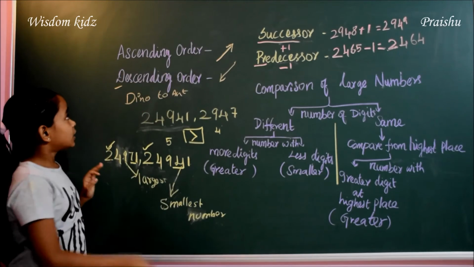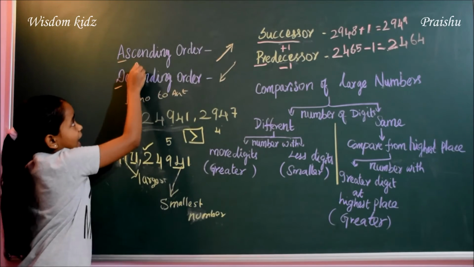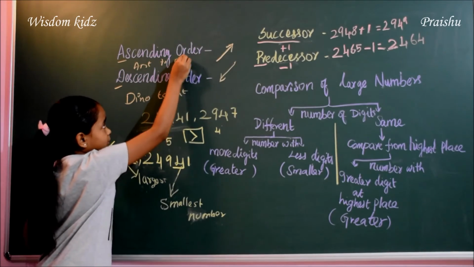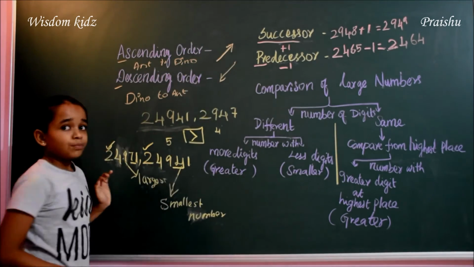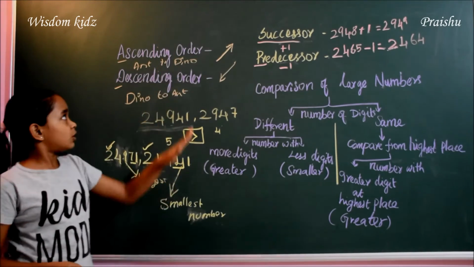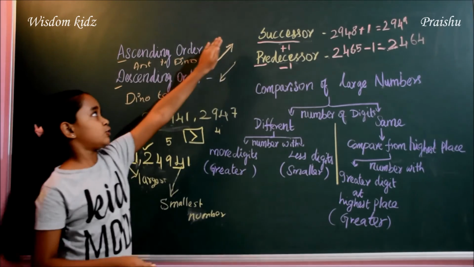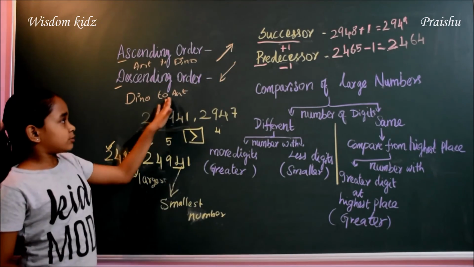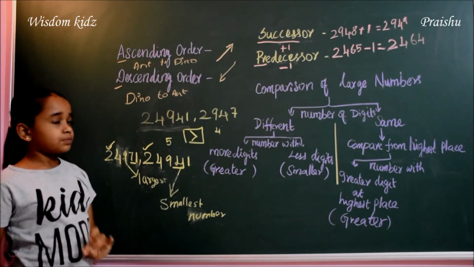And for ascending, you can remember ant to dino. So, from ant to dino, it is increasing. So, ascending means small to big, descending means big to small. So, dino to ant, ant to dino.